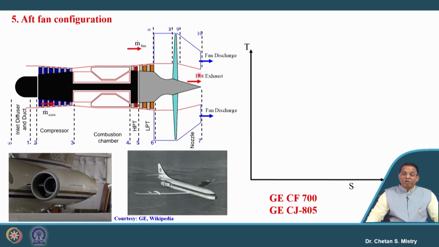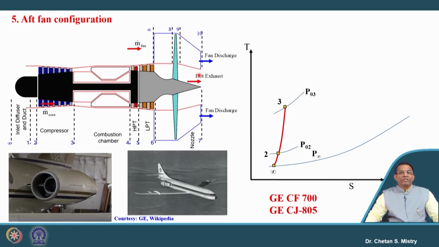Can we try to plot the TS diagram for this kind of configuration? Let us look at this, this is my free stream condition. Here we have the intake, then the compressor, which raises the pressure from P02 to P03. After that we have the combustion chamber, whose actual process we represent by a constant pressure line, raising the temperature from T03 to T04.